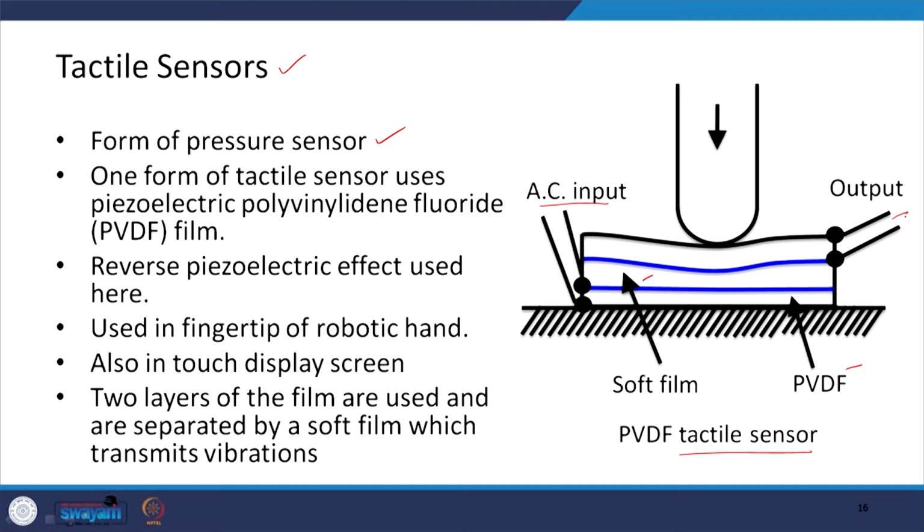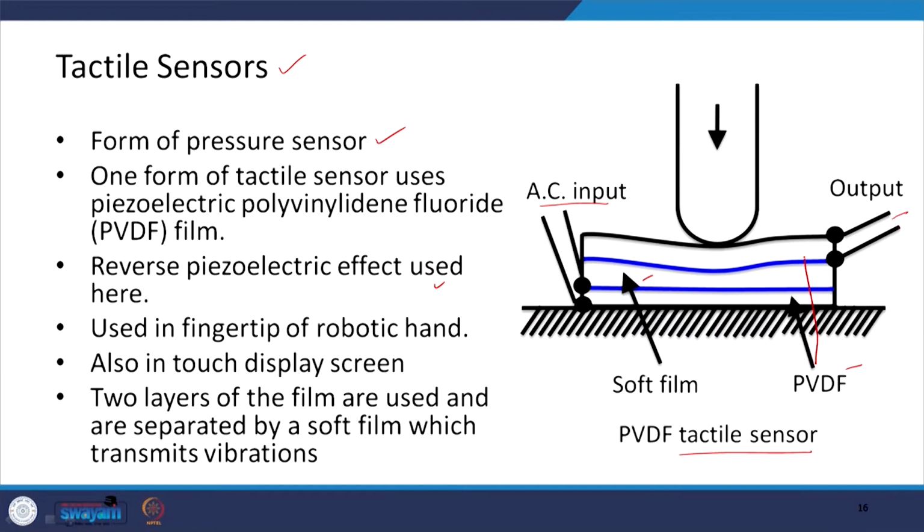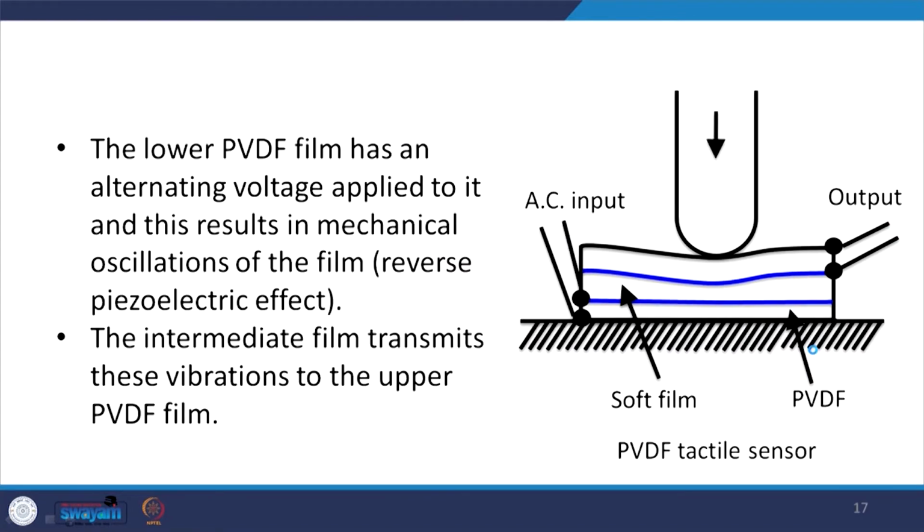In this case the reverse piezoelectric effect is used, and as I already told you, they are used in the fingertips of the robotic hand and also in the touch screen. The two layers of the film are separated by a soft film which transmits vibration. So, this is a PVDF film, and this also is a PVDF film.